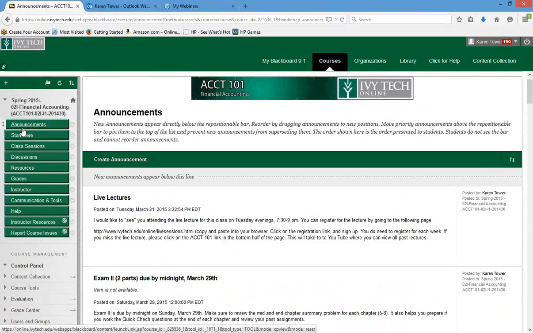If after that conversation you believe that dropping might be in your best interest, it's still very good to contact your academic advisor and see what the ramifications of dropping or withdrawing from a class would be versus the ramifications of failing a class. So those dates are coming up.